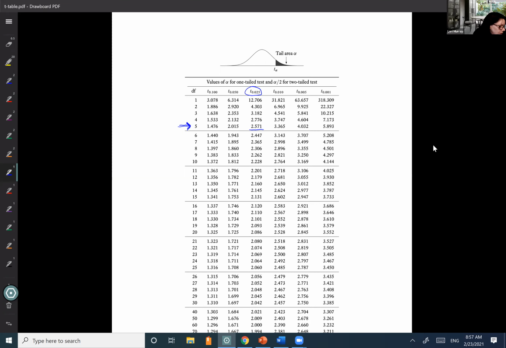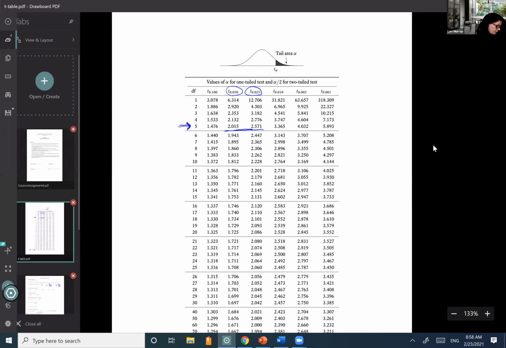Where would 2.33 fall? You can see that it would fall between these two, which correspond to 0.025 and 0.05. So that is the range.